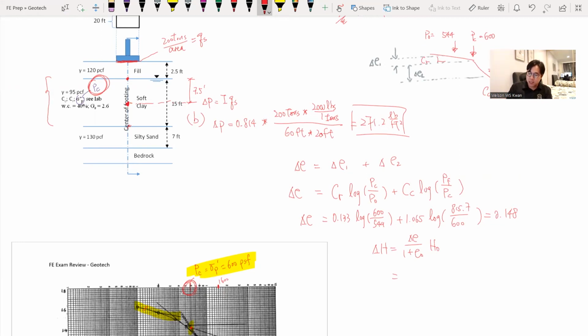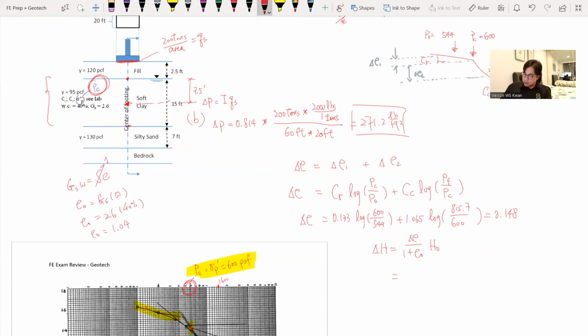So the same equation again, at 100% saturation, the initial void ratio will be equal to the specific gravity times the water content. So the specific gravity is 2.6, and the water content is given as 40%. So the E naught we have is 1.04.